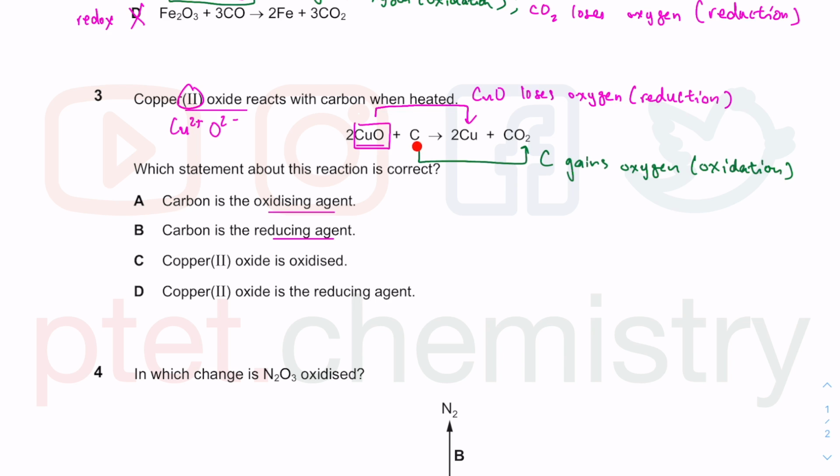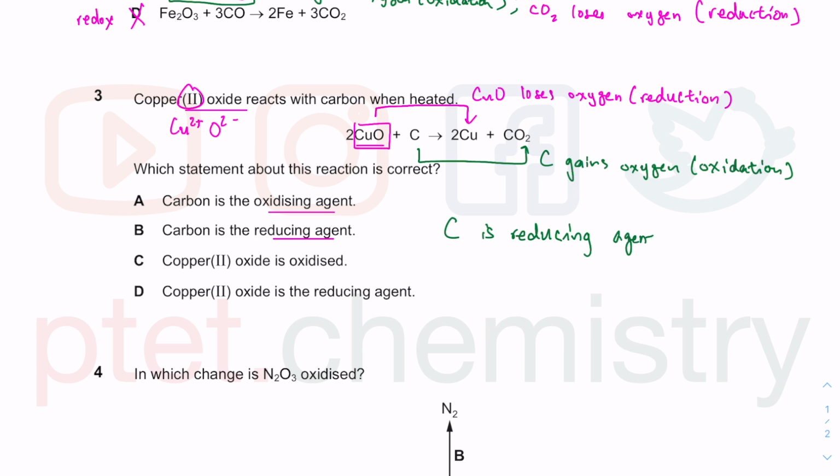Anyway, so the carbon makes the CuO get reduced. Therefore, carbon is the reducing agent. Why? Because carbon reduces the CuO.